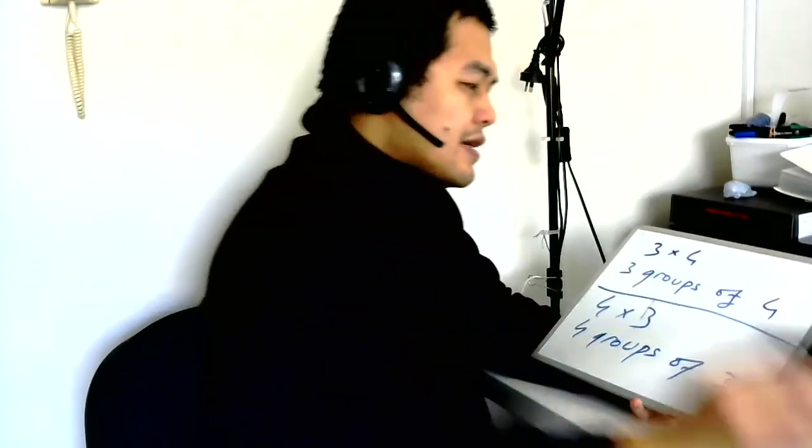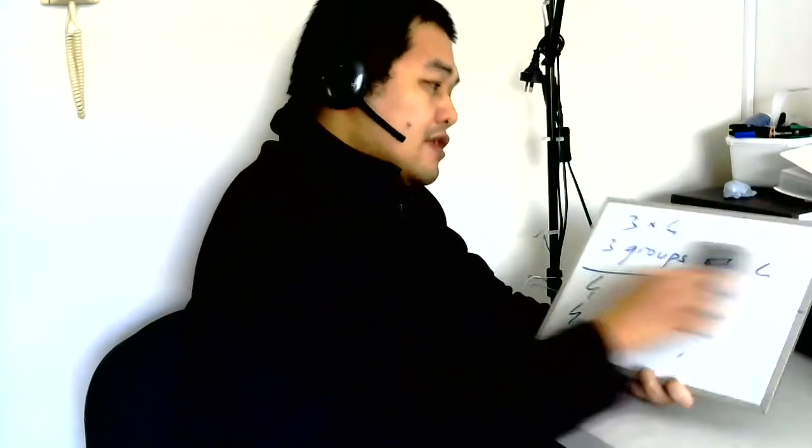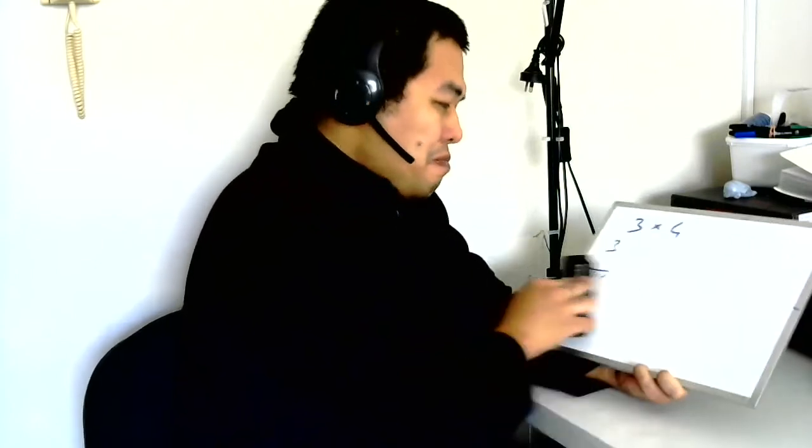I think the next step, if your kid already gets the idea of multiplication by doing this grouping, is that we can give them a multiplication table. I think you are familiar with this, because when we learned this in elementary school, our teacher probably pushed us to memorize it.